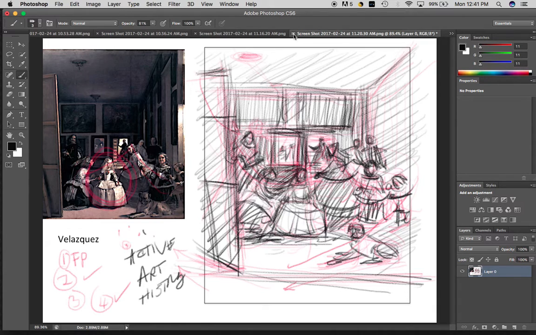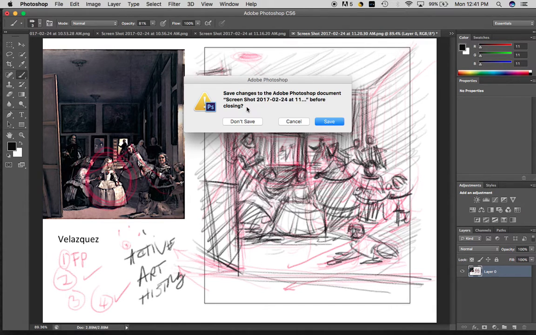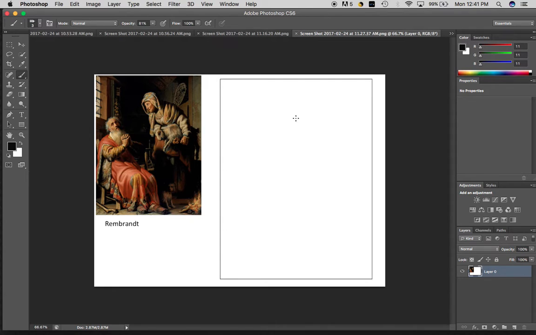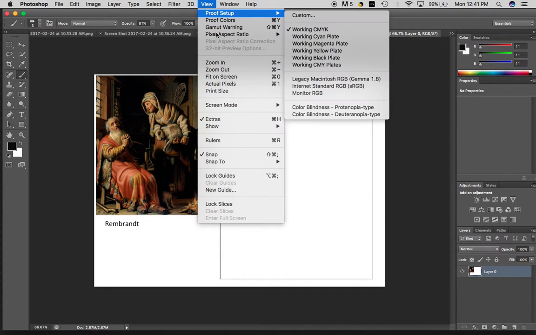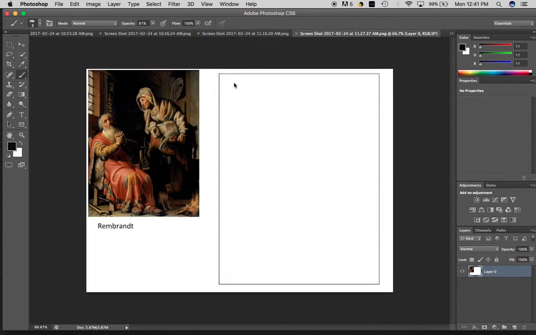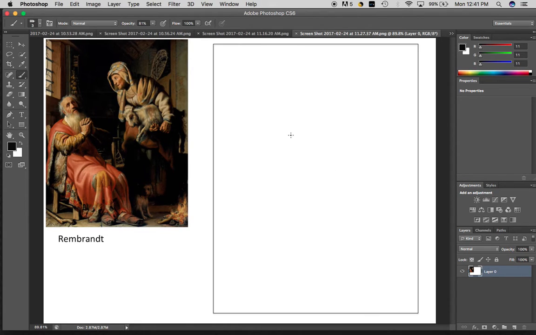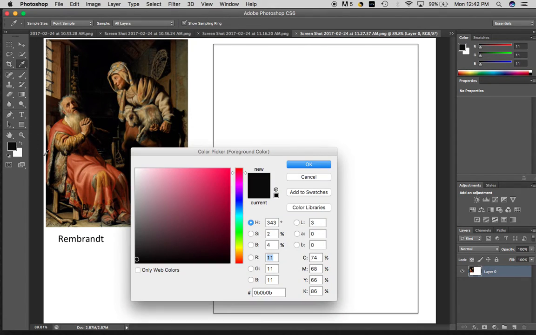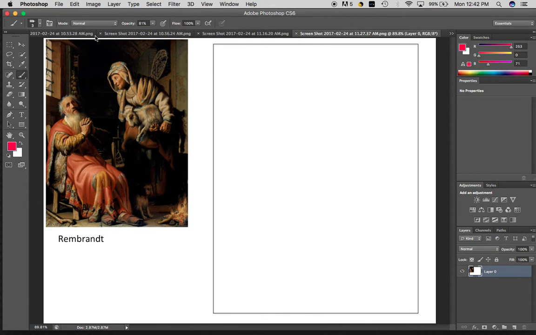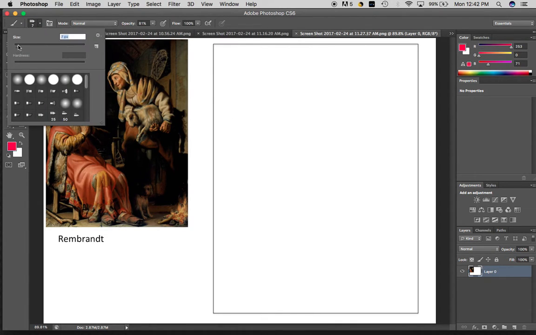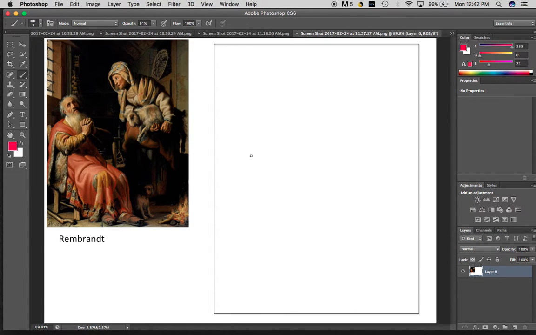Alright, so let's move on to our next study. Let's see what we have waiting for us. So here we have Rembrandt. So let's pull this into full screen. A little bit easier composition, thankfully, than what we just analyzed before. So let's change color and let's look at what Rembrandt's doing for us here in terms of his overall abstract design.